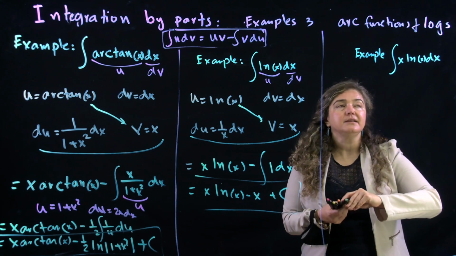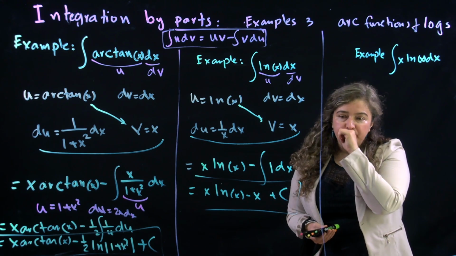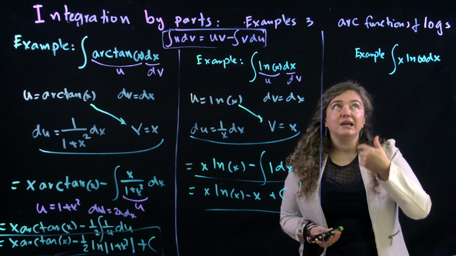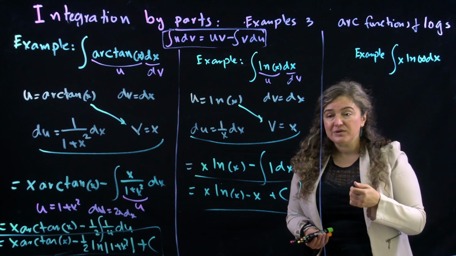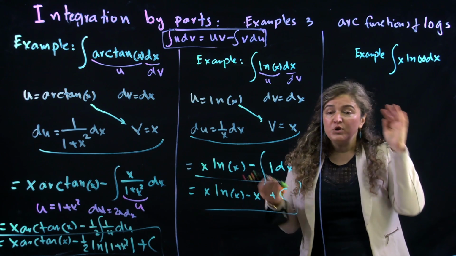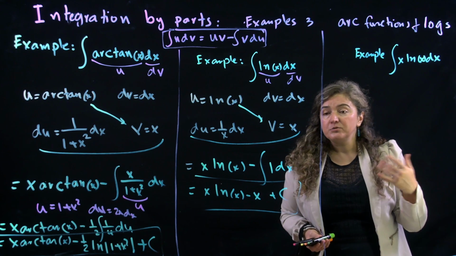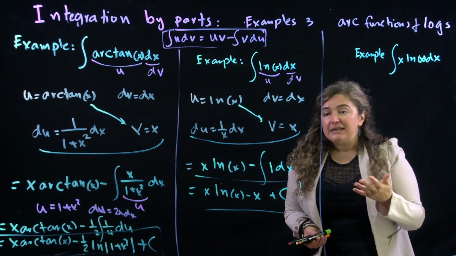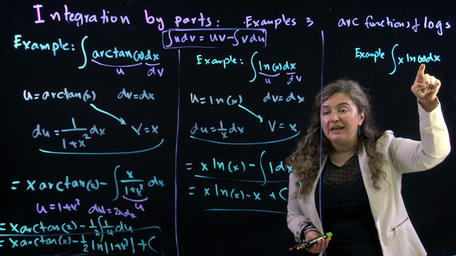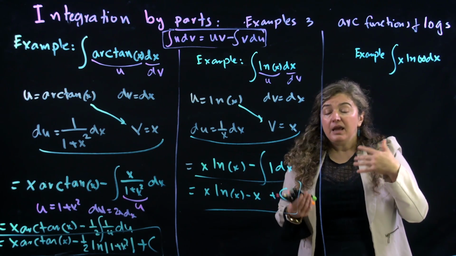One other question people ask is, how do I do the antiderivative of x natural log of x dx? For the beginning problems we did with x sine of x or x cosine of x, or x tan of x, we chose x to be u and the rest to be dv. In this case, if I choose x to be u, taking the antiderivative of natural log of x either needs memorization or makes it difficult.